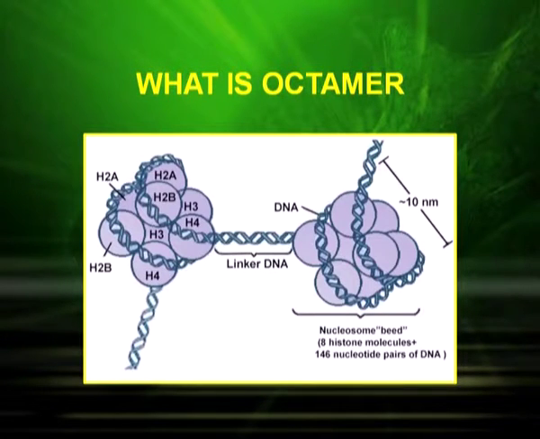These 8 protein molecules are H2A, H2B, H3 and H4, which are present in 2 copies. Between 2 nucleosomes, there is a linker DNA, and that is how we get a beads-on-string structure.